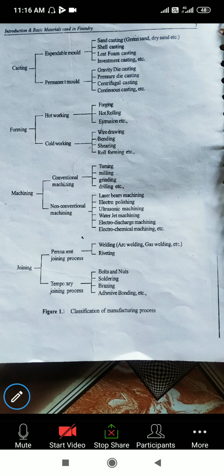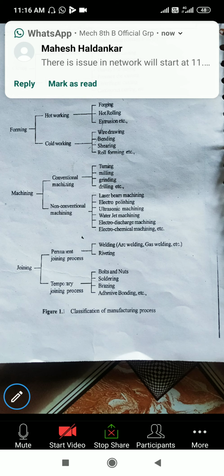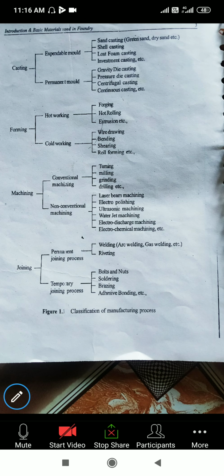So why is it called conventional machining? Because in conventional machining a cutting tool is used to remove the excess, unwanted material from the workpiece, so the raw material is converted into a finished product with proper dimensions.